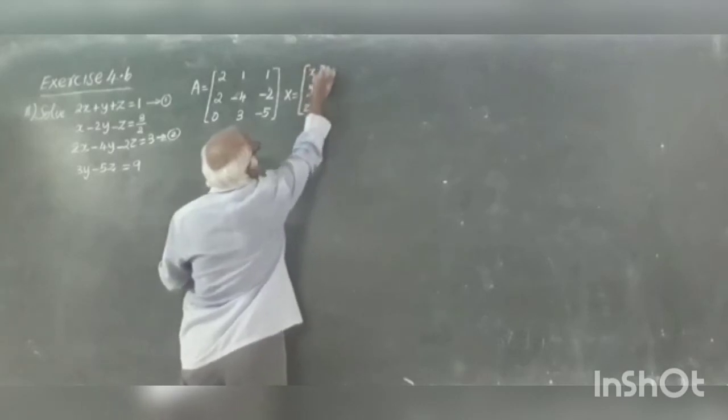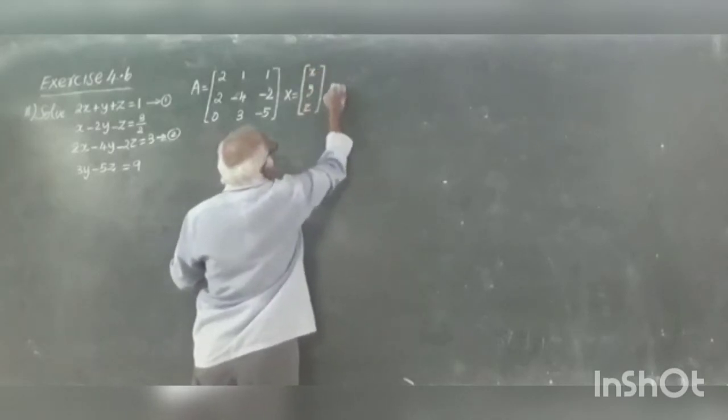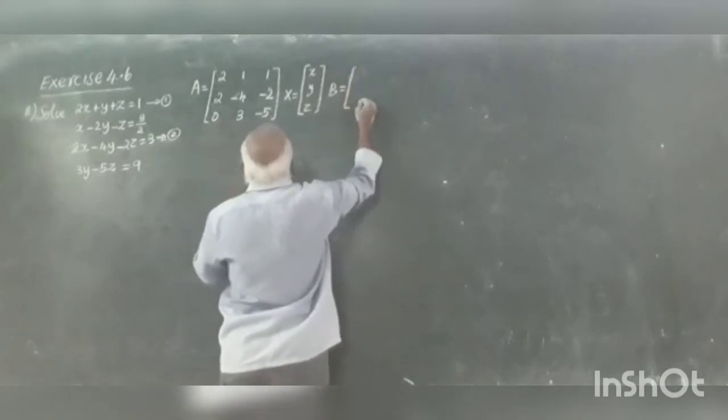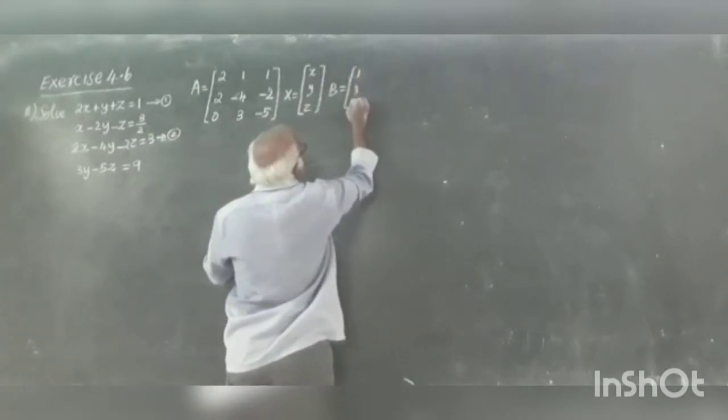Third row 0, 3, minus 5. Then X is x, y, z. Then the next matrix B is 1, 3, 9. Then write all the cofactors.